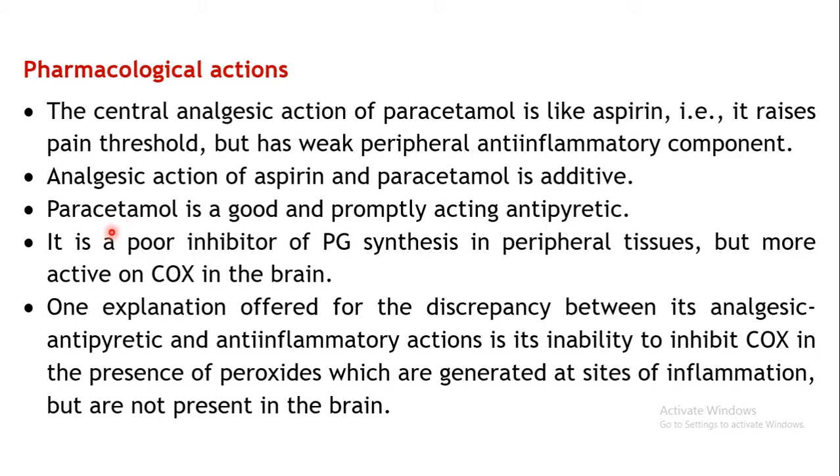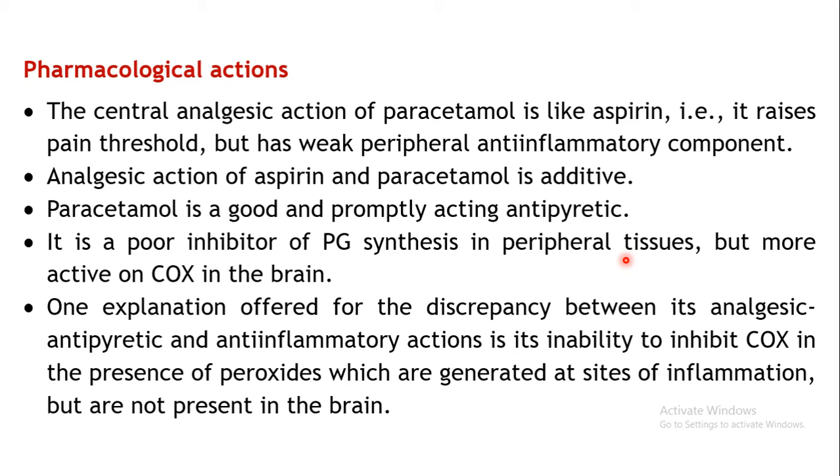Then paracetamol, as I have told you, is a very good and promptly acting antipyretic. It will reduce the fever very quickly, so it is a quite widely used antipyretic drug. However, this drug is a poor inhibitor of PG synthesis in the peripheral tissues.